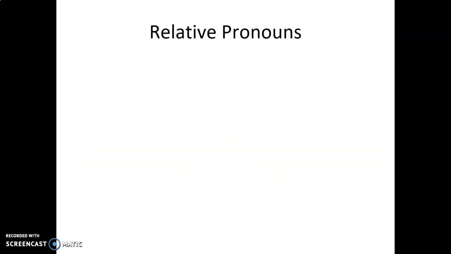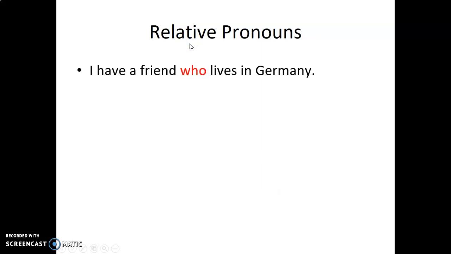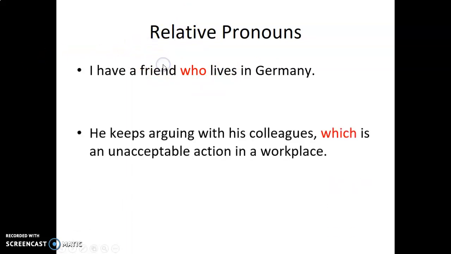Relative pronouns can also be reference. So look at this. I have a friend who lives in Germany. So it's easy, isn't it? Who refers to a friend. And look at this one. He keeps arguing with his colleagues, which is an unacceptable action in a workplace. In this case, it's a little bit more complex.